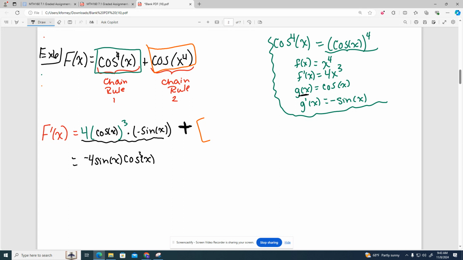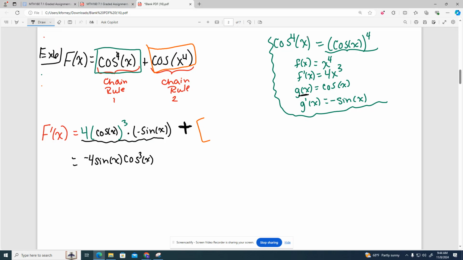Okay? Does everyone see what I just did there? I put the 4 and the negative in the front, just rearranged it. I rewrote that cosine x cubed as cosine cubed x, and I'm going to clean it up a little bit.